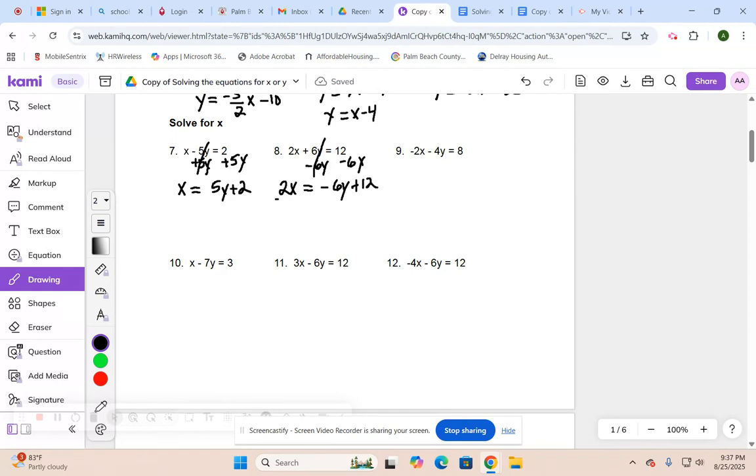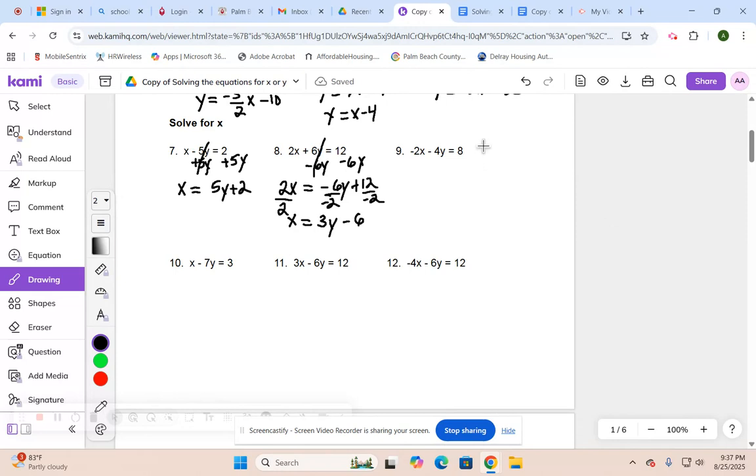We don't want 2x, we want x. All right, we'll have x equals, well, negative 6 divided by negative 2 is 3, so we'll have 3y. And 12 divided by negative 2 is minus 6. So there's our answer, x equals 3y minus 6.